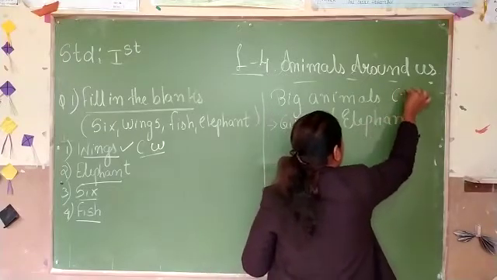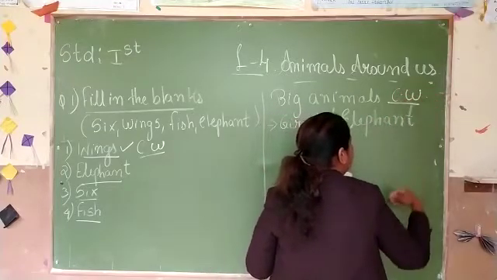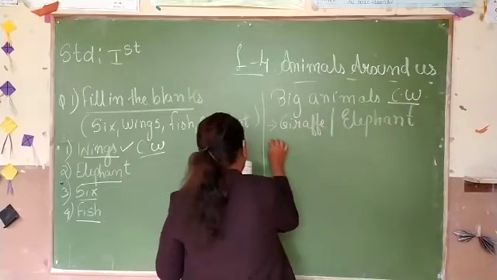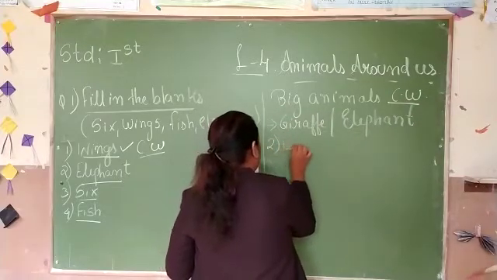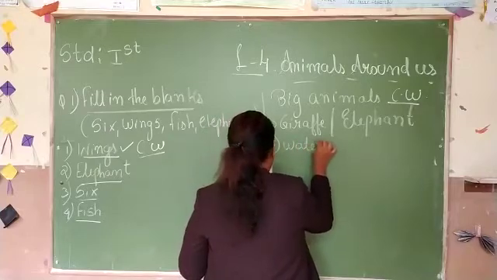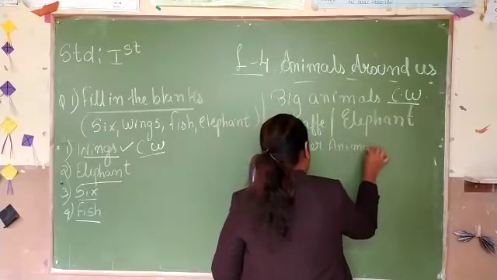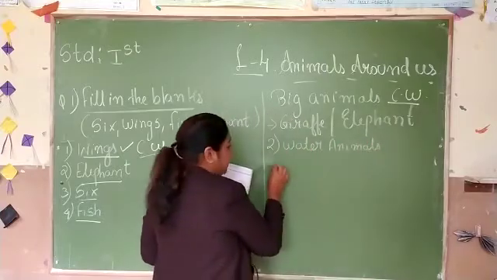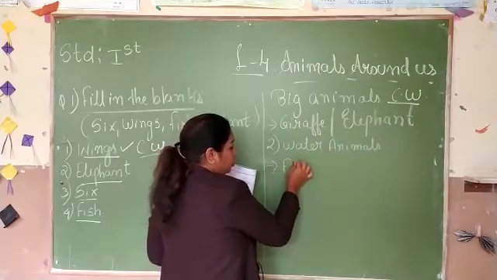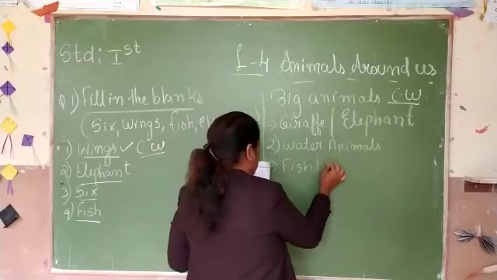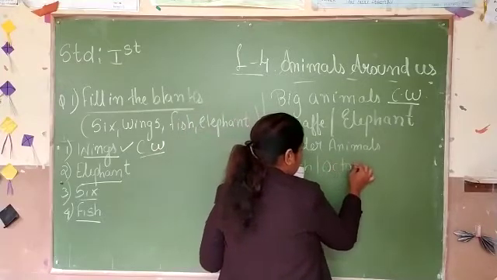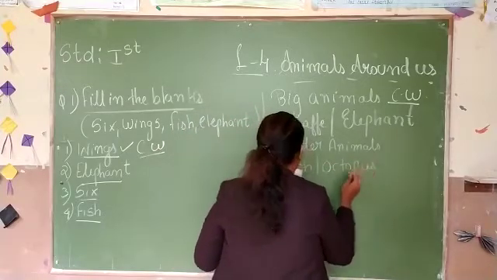Even this in the classwork copy, right? Now see the second one, water animals. And the answer is fish and octopus. Fish and octopus.